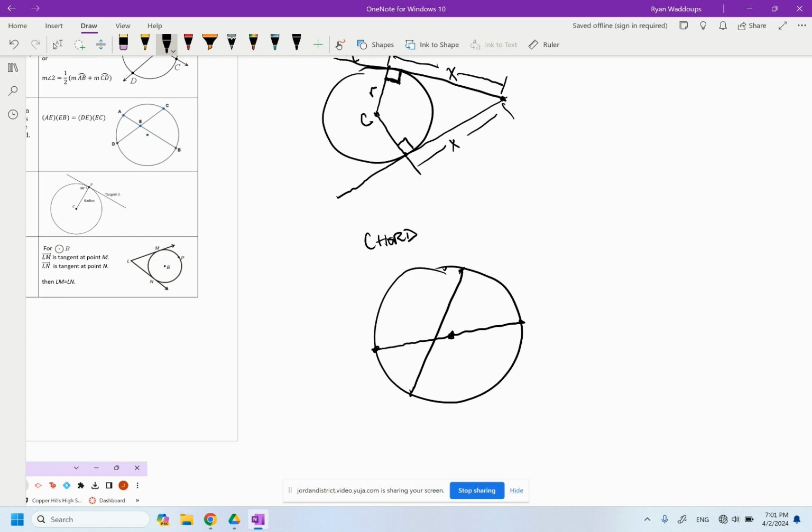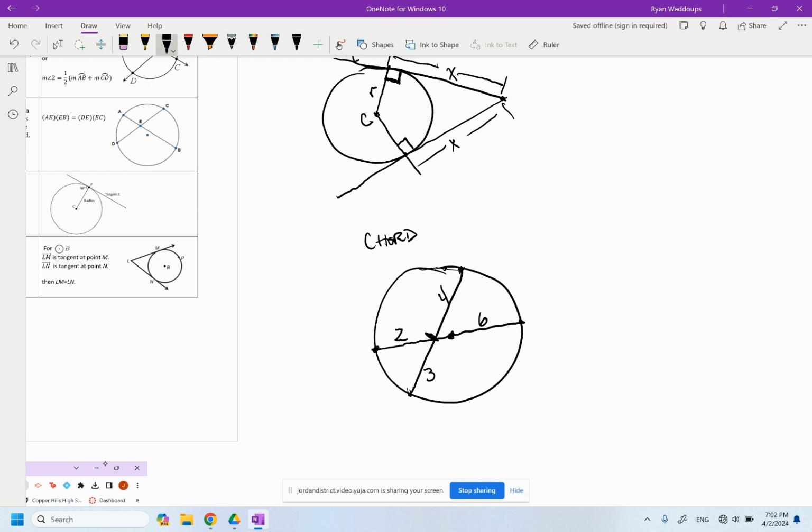Those are two chords that intersect, and there's a certain property of those chords. Let's say this was 3, and over here, let's say this is 4. So if the distance from where they intersect to the point where they touch the circle is 4 units, and over here is 3 units, then over here I could say maybe this is 2. This then over here would be 6.